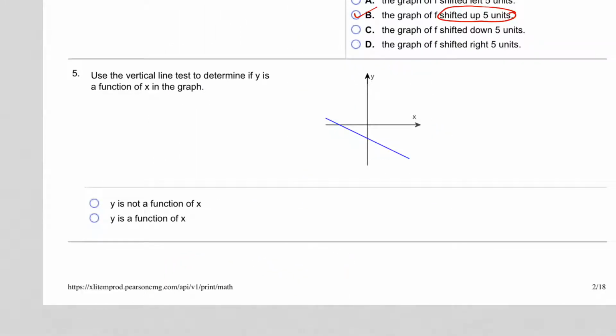All right, now we're going to use the vertical line test to determine if y is a function of x in the graph. And basically, there are no spots where this thing hits twice. So this is a function. This passes.